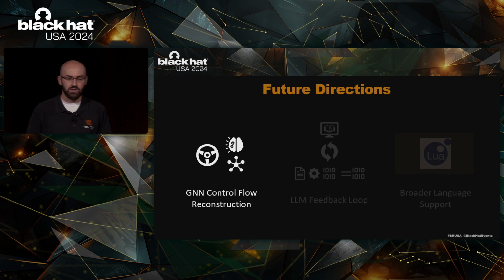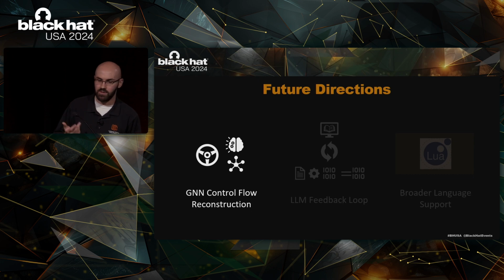For future directions, we're looking at applying graph learning techniques to the control flow reconstruction, since control flow is still the major source of manual effort in scaling our decompiler.